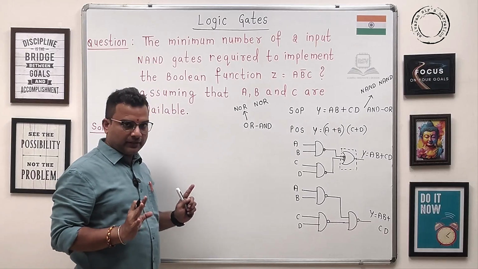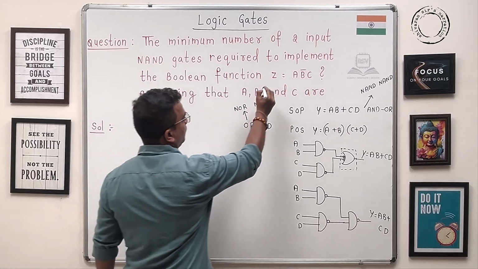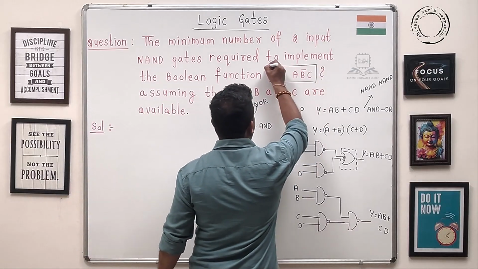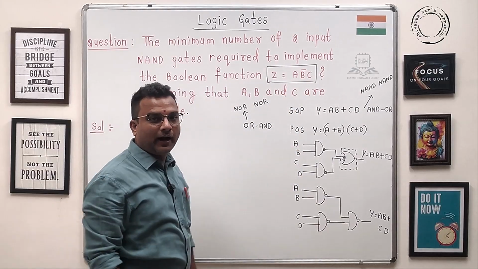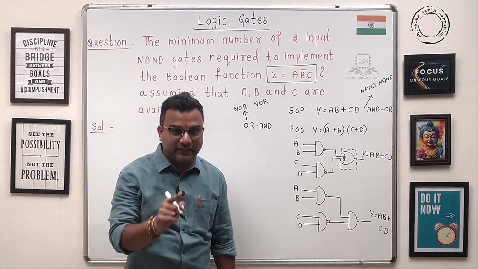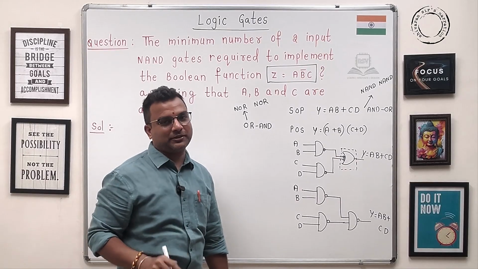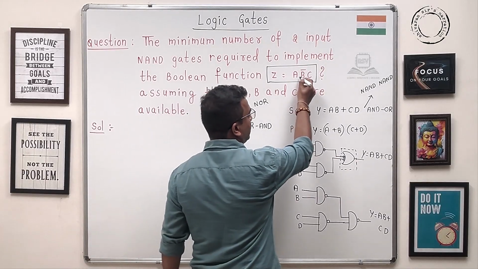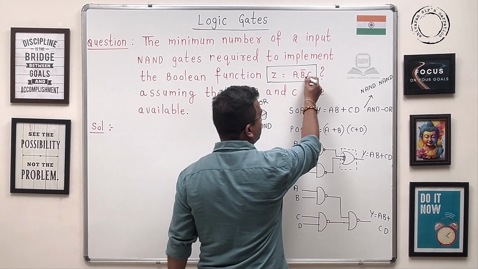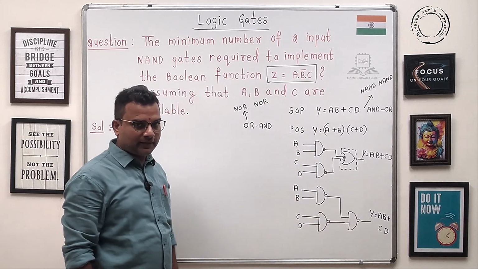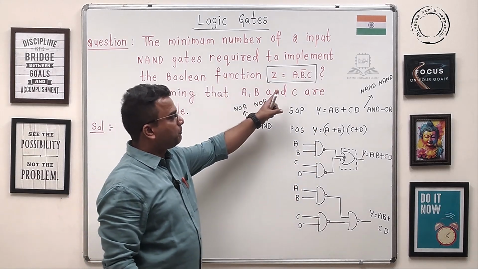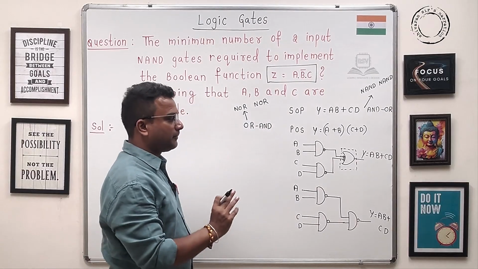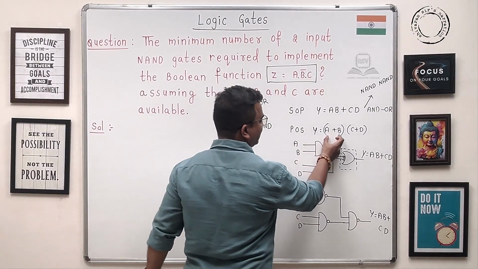Now guys, here you take this expression. What is this expression? Is it an SOP expression or a POS expression? It is a POS expression because A into B into C, isn't it? So it's like a product of sums.